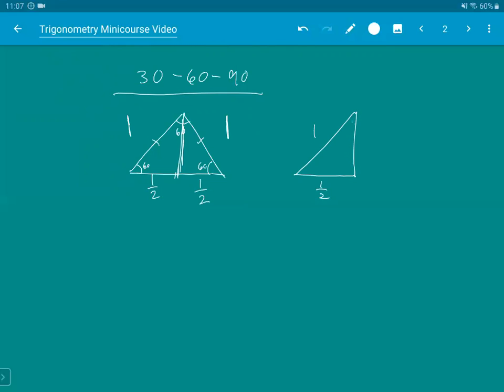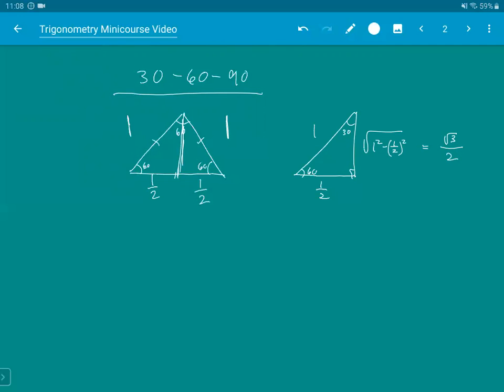And then the degrees for this would be 30 and 60. And so that's why it's called a 30, 60, 90 triangle. And to find the length of this missing side, we'll again use Pythagorean theorem. So this would be square root of 1 squared minus 1 over 2 squared, which turns out to be square root of 3 over 2.